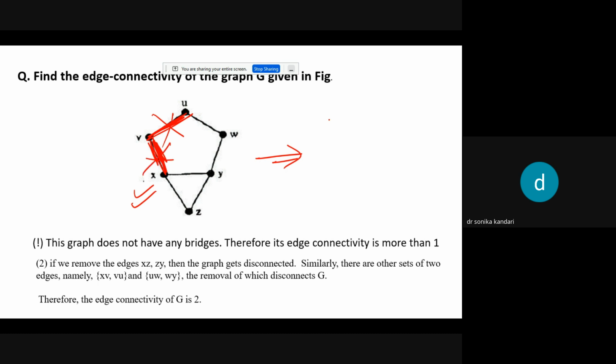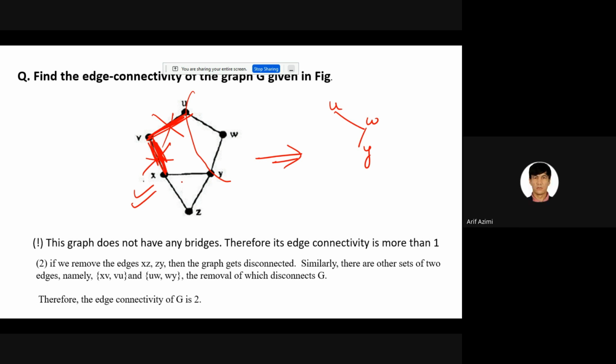If you remove both the edges, then what will you get? UWY. Will it make the graph disconnected or not? Tell me.